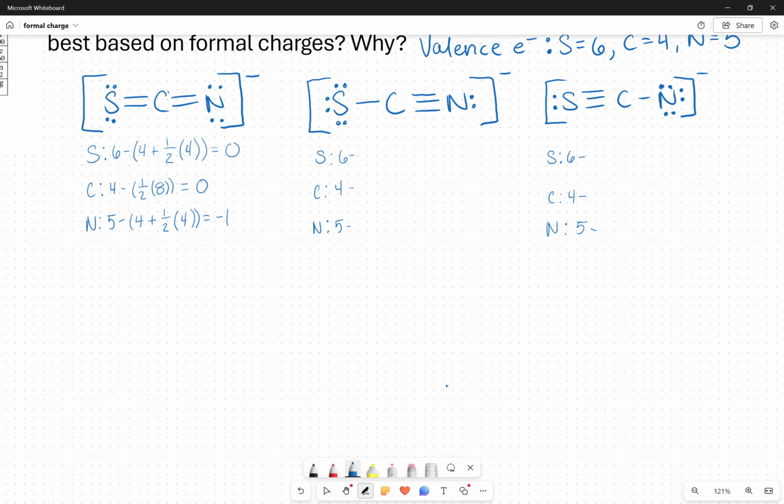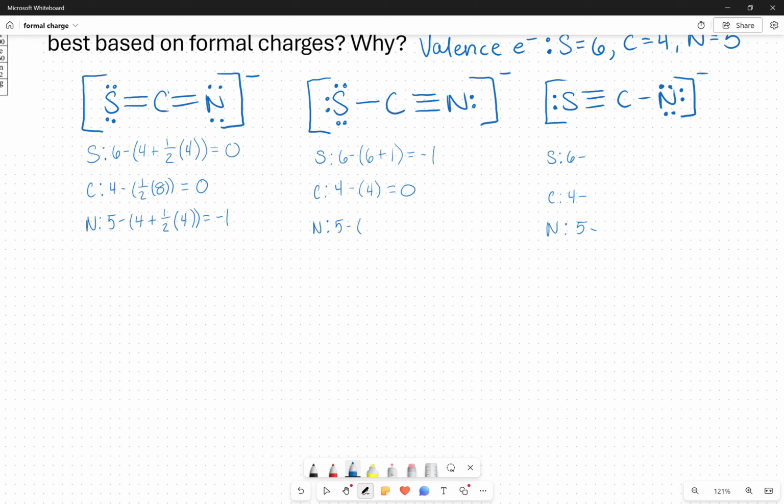So over here for sulfur, we see that we start with 6 lone pair electrons with 1 bond. So we'll have 1/2 of 2, which is 1. And because we're subtracting 7 from 6, this atom will have a -1 formal charge. Carbon, again, has no lone pairs and 4 bonds, which means 1/2 of 8 bonding electrons is 4, so 4 minus 4 is 0.